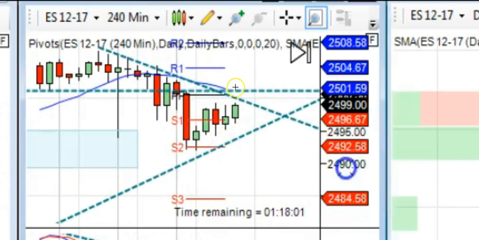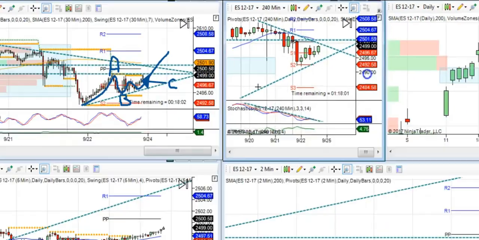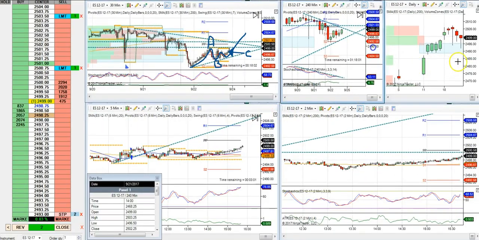It was in between these two targets because we had this resistance and we had this resistance here. So I was trying to get in between those resistances. And I was also expecting a red to green on the daily chart. So that was my trade, and let's see what happened. We'll see how it played out.